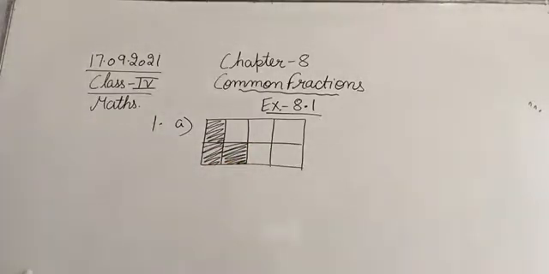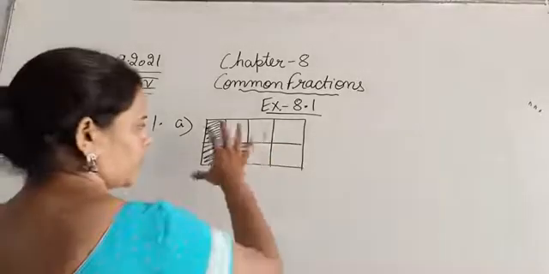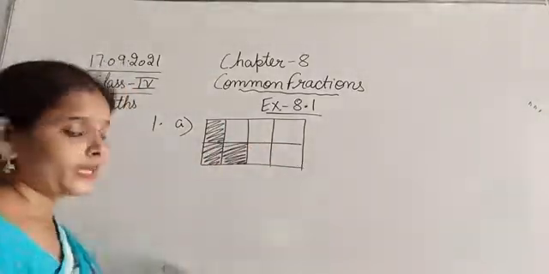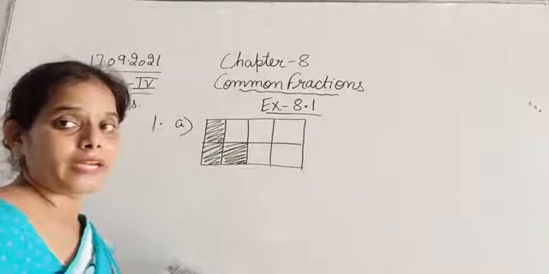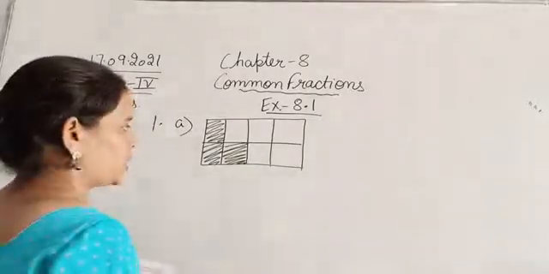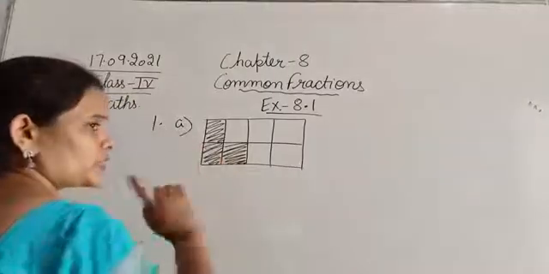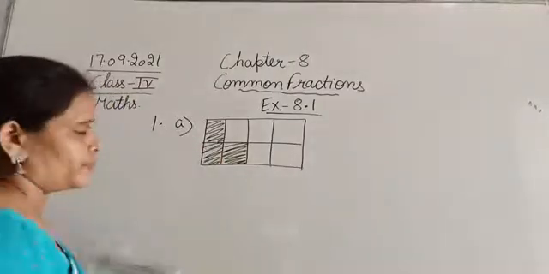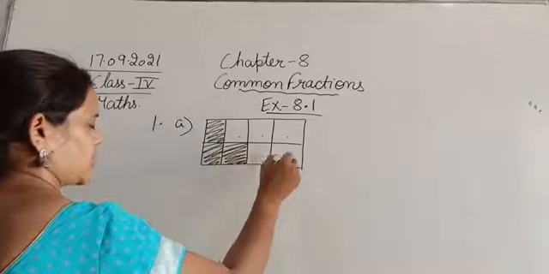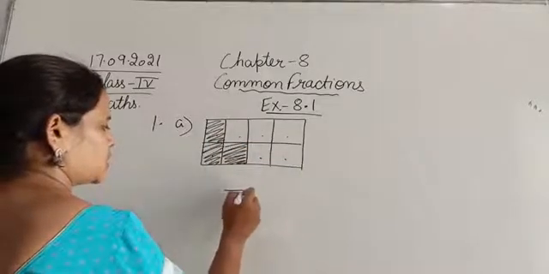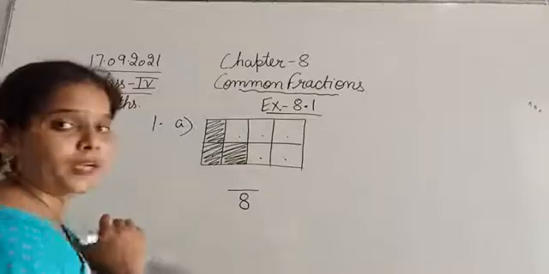So this is the complete figure and we have to write the shaded fraction of the given figure. First of all, calculate the total number of parts. That is 1, 2, 3, 4, 5, 6, 7, 8. So this figure is divided into 8 parts. That will be your denominator.